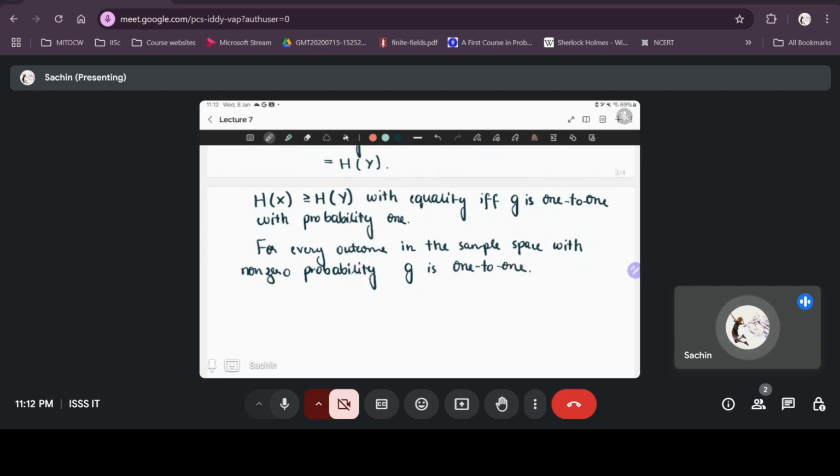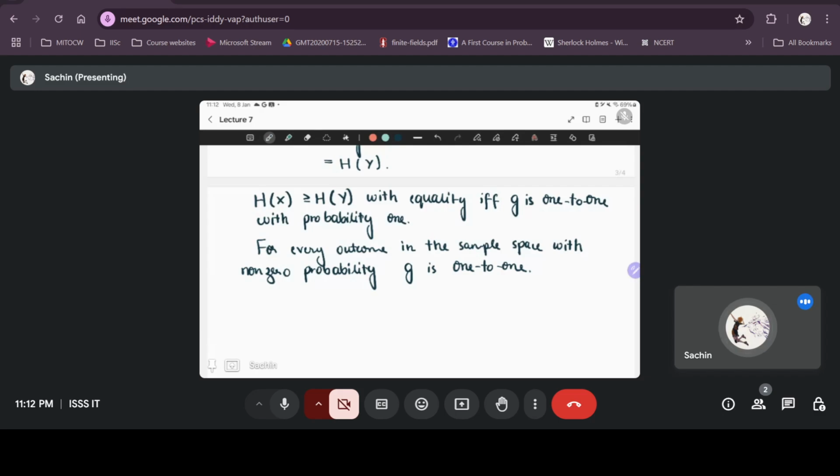So suppose there are outcomes in the sample space that have zero probability of occurring, then we need not consider those outcomes. We are only concerned with outcomes in the sample space that have a non-zero probability.